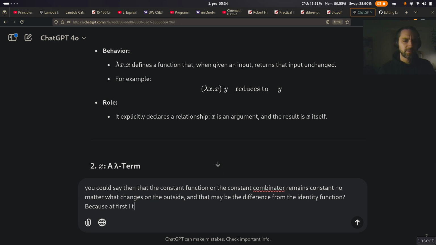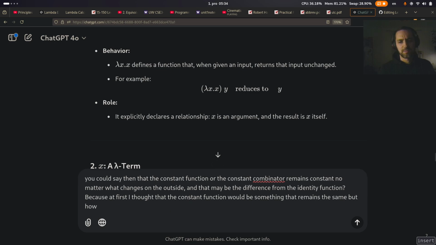because at first I thought that the constant function would be something that remains the same, remains the same, but how?